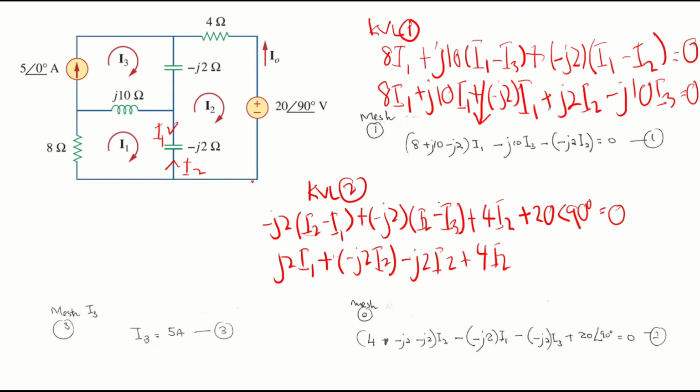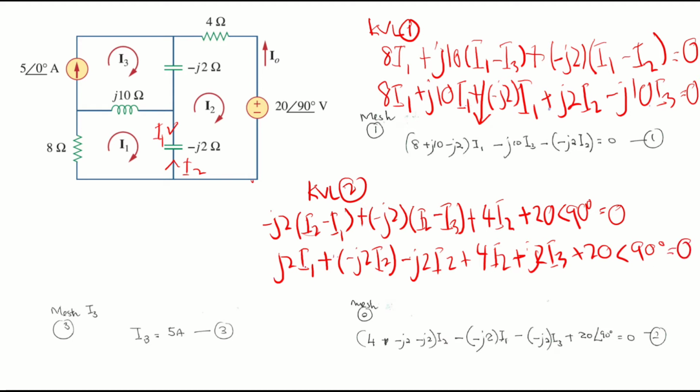Then I3 over here, so it's positive because negative and negative become positive, J2 I3, plus 20 angle 90 degrees equal to 0.